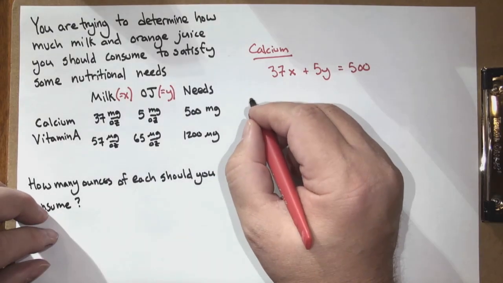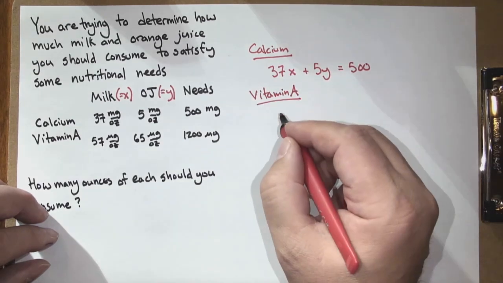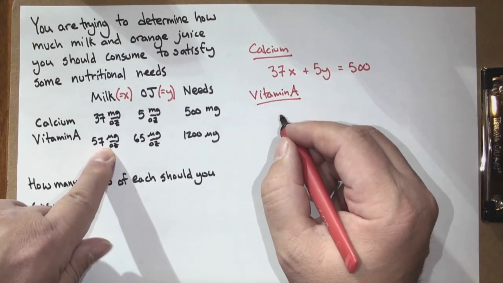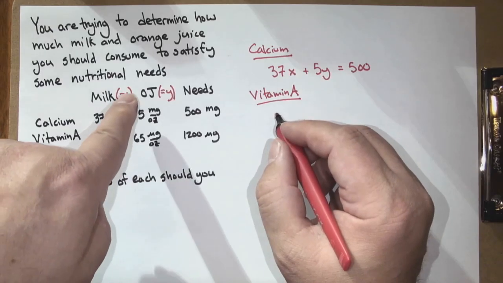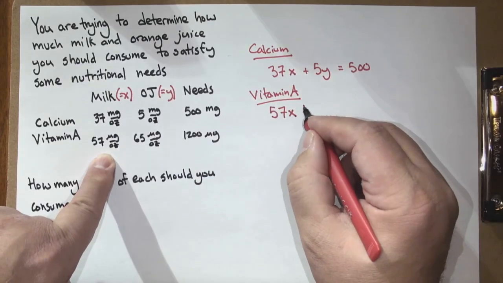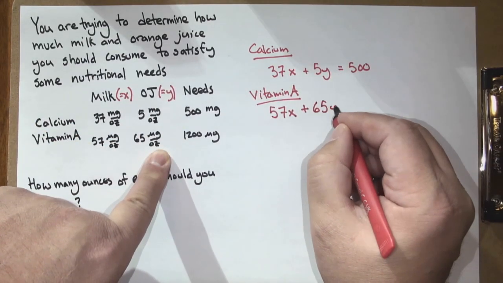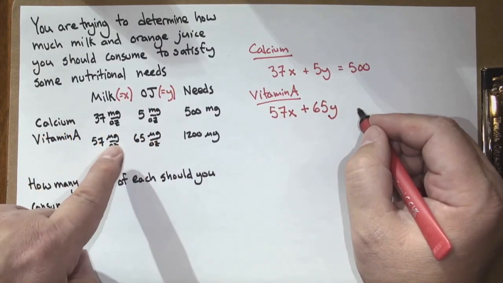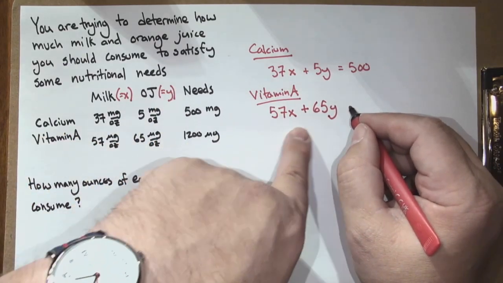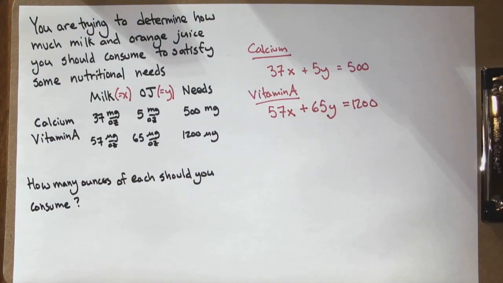For the vitamin A, similar process. How much vitamin A are we getting? 57 micrograms per ounce, X ounces, so 57X micrograms from the milk, 65 micrograms per ounce, Y ounces, 65Y micrograms from the orange juice. All total, that's how much we're getting, and that's 1,200. So to satisfy our requirements, that's how much calcium and vitamin A we'll need to get.